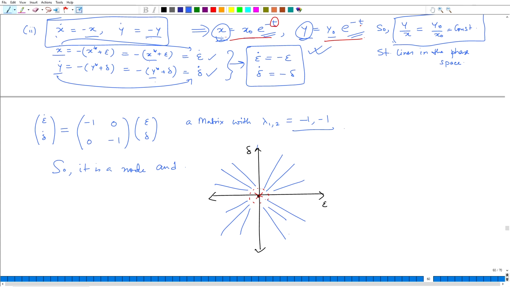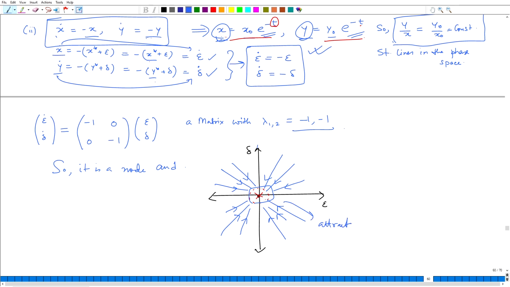Now, with time, when x is decreasing, y is also decreasing. So all of them are just moving in the inward direction, and that is why this fixed point is called an attractor.